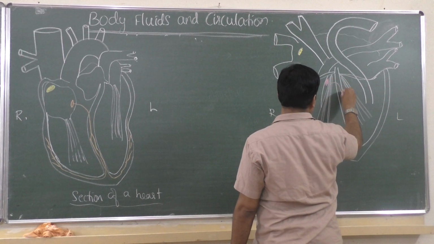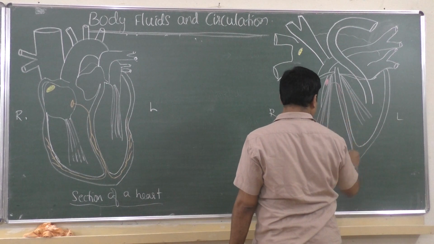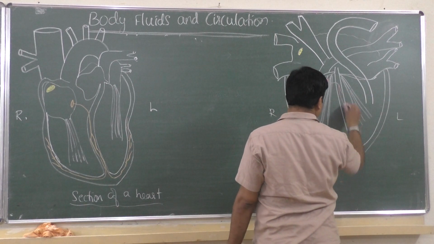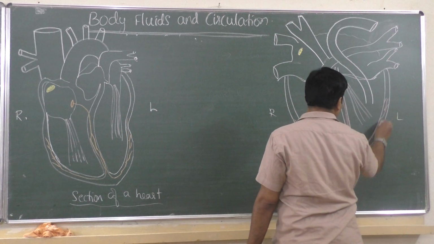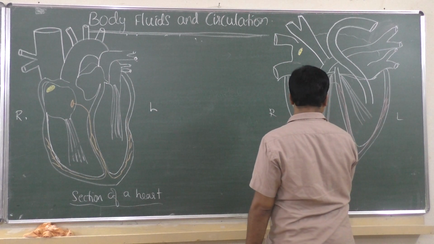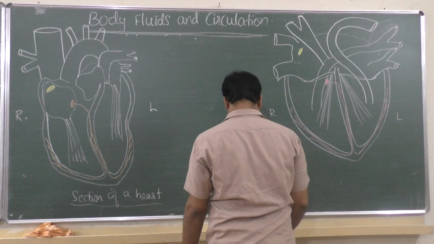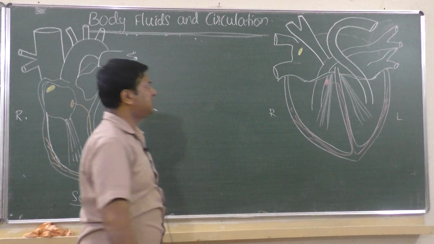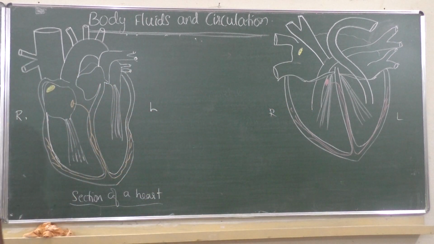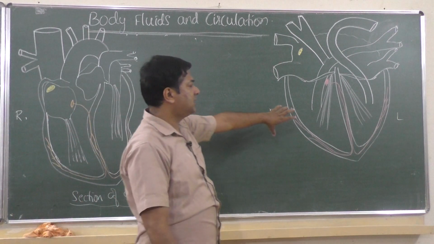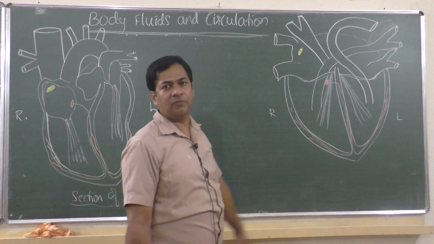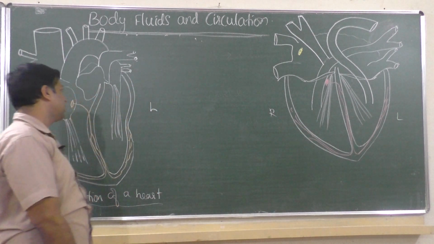No, it goes here, then it branches. So same thing, whichever diagram you want you can follow. Okay, this is exactly the textbook diagram. This is just for your understanding, an easy way of drawing the heart. Whichever you want you can follow.